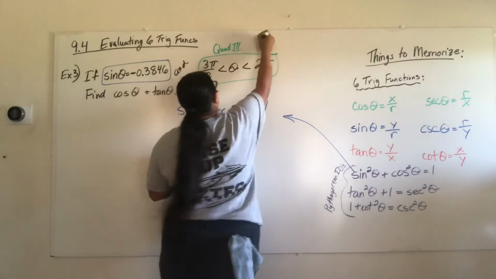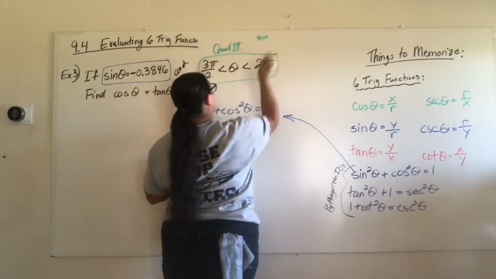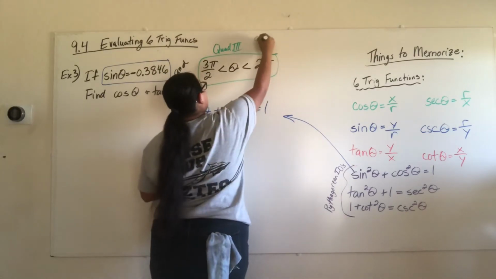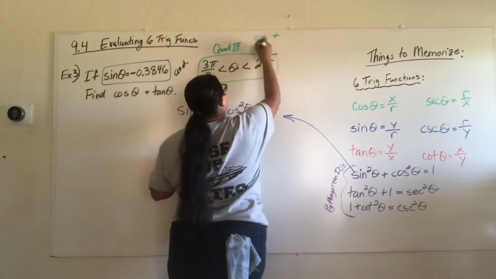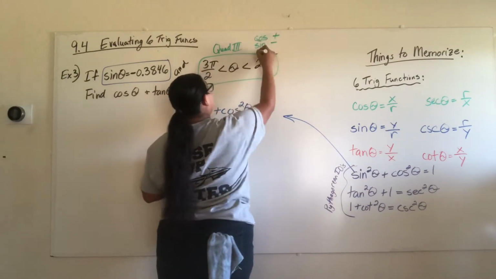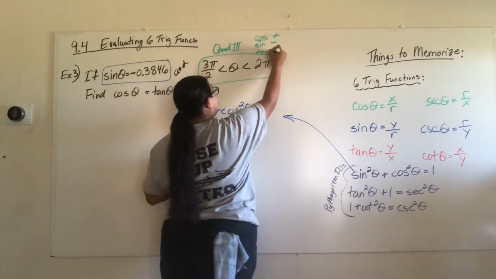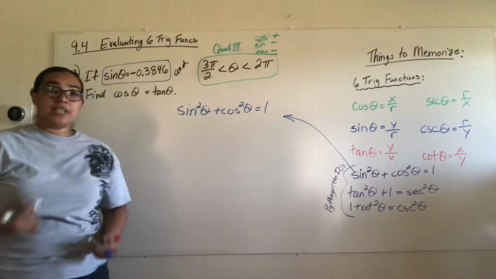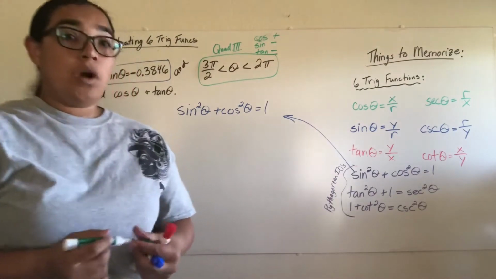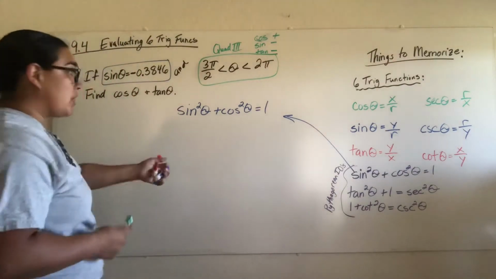I'm just going to put cosine first. Your cosine is positive, your sine is negative, but your tangent will also be positive divided by negative, negative. So you really do know your signage now that you know what quadrant it's in. Keep that in mind as we do our workouts here.